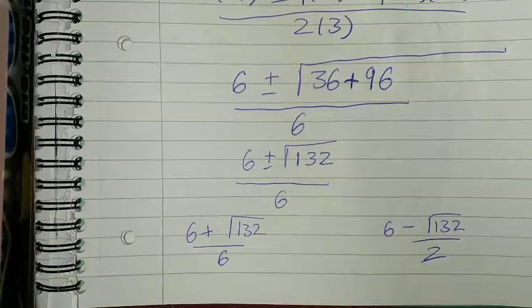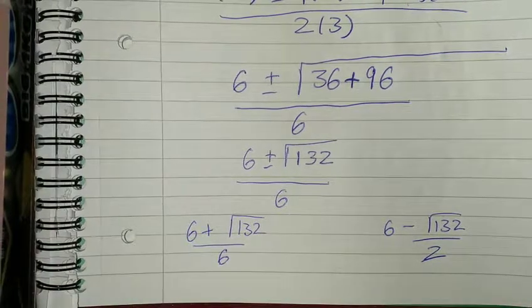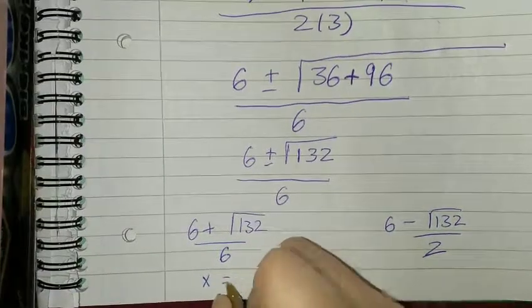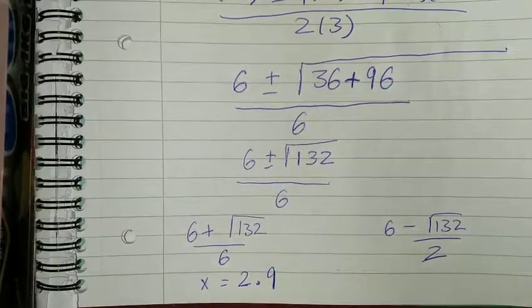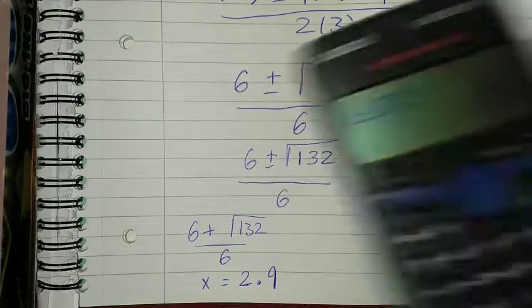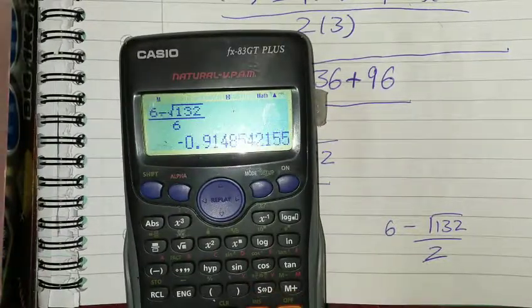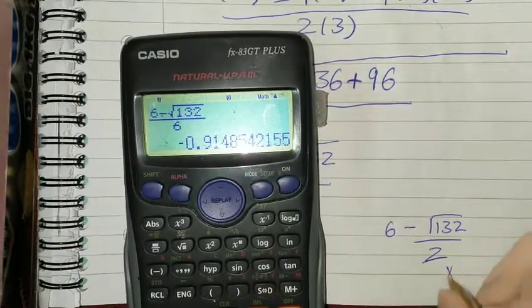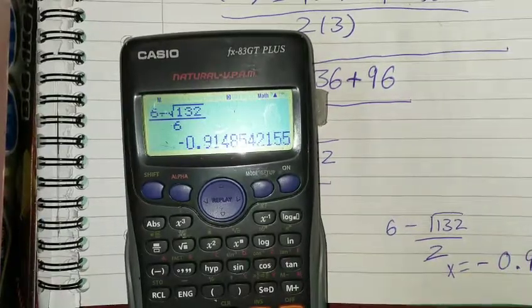In the first one, I get x is equal to, since they ask correct to one decimal place, 2.9. And then for the minus, this is what it'll look like when I plug it into my calculator, and I just press this button here and I'll get x is equal to minus 0.9.